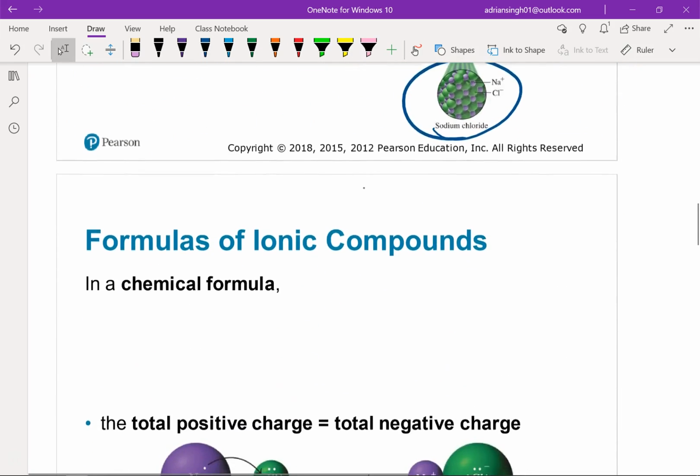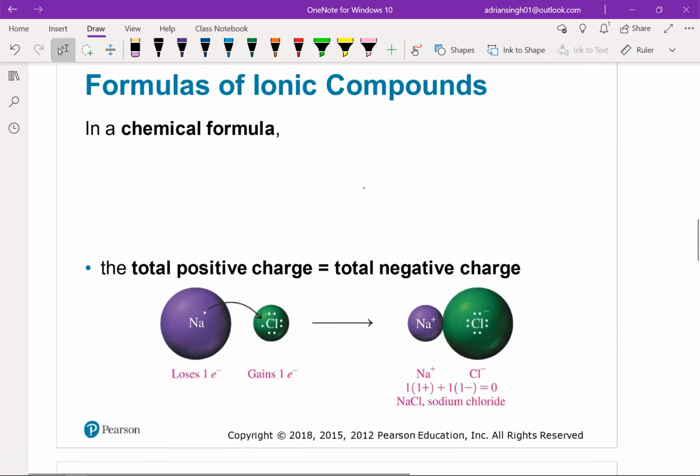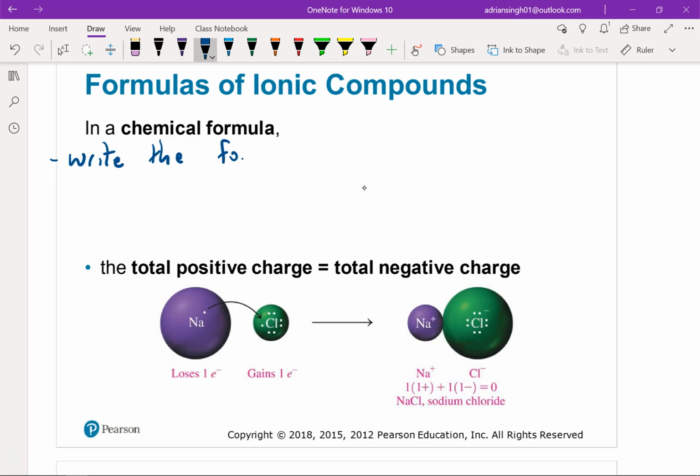All right, so let's see how this ionic compound of sodium chloride, and by extension other ionic compounds, can form in the first place. So when we start putting our ions together in ionic compounds, we're going to represent these in what's known as a chemical formula, where we're going to write the formulas for the ions involved in that compound, and we always are going to write the metal first.